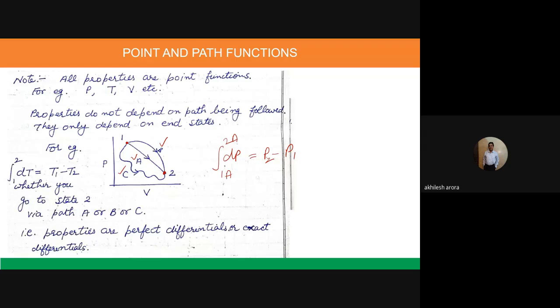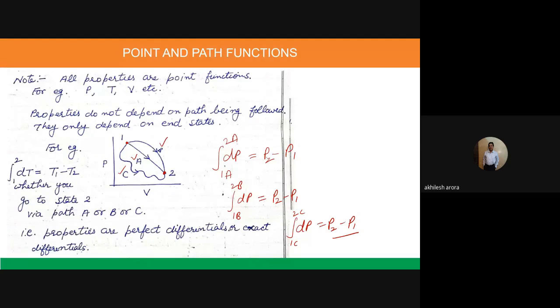Had I gone along path B, from 1B to 2B, the integral of dP once again comes out to be P2 minus P1. If you go along path C, 1C to 2C, the value is P2 minus P1. So you take any path, the final answer comes out to be P2 minus P1.